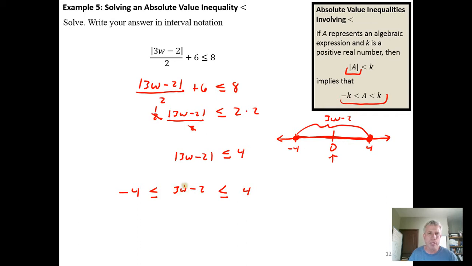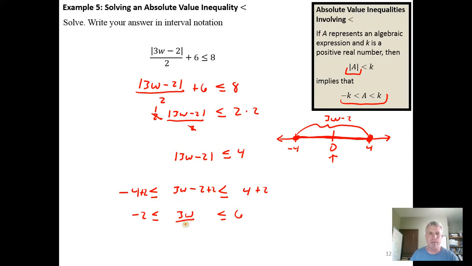I'm going to work at isolating the w on the interior. So I'm going to add 2 to all 3 sections, which is going to leave me with less than or equal to negative 4 plus 2 is negative 2. I get a 3w in here because minus 2 plus 2 is 0. I get 4 plus 2 is 6.